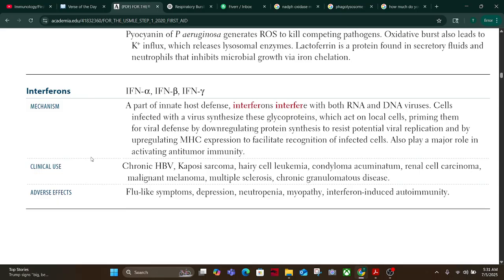So interferons interfere with viral replication. They are the body's antiviral warning system, and they also fight tumor. So interferons are important for anti-tumor immunity. You have to know an example of interferon.